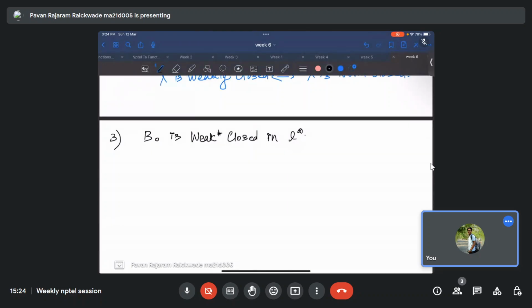So when I say weak star topology on L infinity, I'm thinking of L infinity as the dual of L1. You can also say the dual of c naught, maybe that's fine.